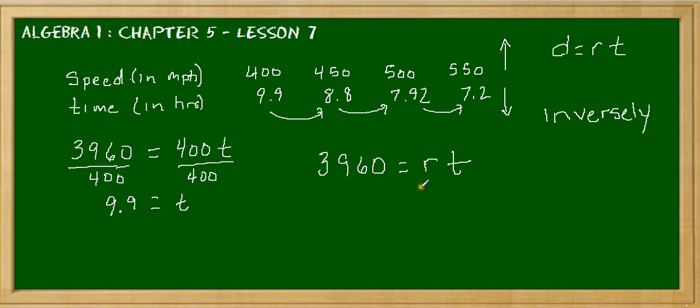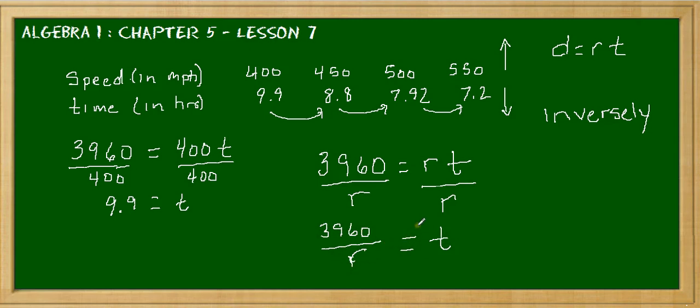So what would we do here is we simply divide this by r, wouldn't we? So we have r over r is 1, but what we do to one side we'll do to the other. And that means t is going to be equal to 3,960 divided by r. So that would be our formula.